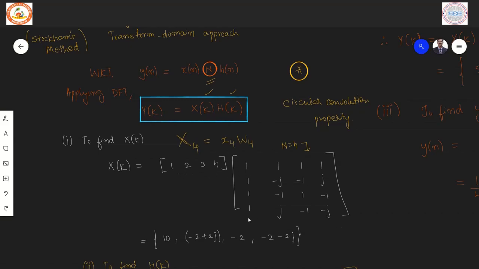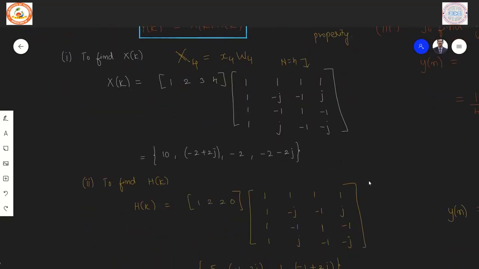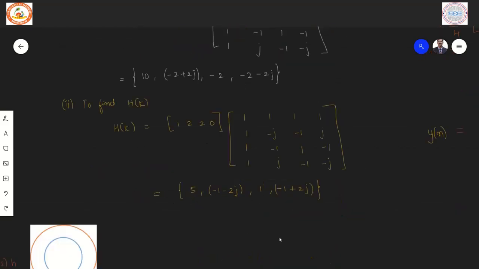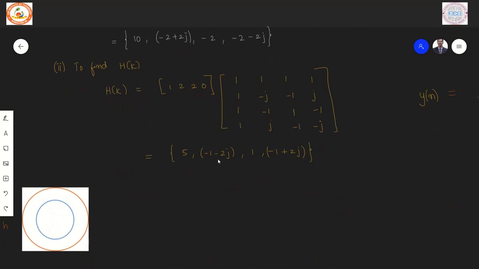On performing multiplication, we get the first set of answers for x of k as 10, minus 2 plus 2j, minus 2, minus 2 minus 2j. Similarly, to find h of k using the matrix method, we have the input 1, 2, 2, 0 into the twiddle factor matrix. The solution for that is 5, 1 minus 1 minus 2j, 1, minus 1 plus 2j.